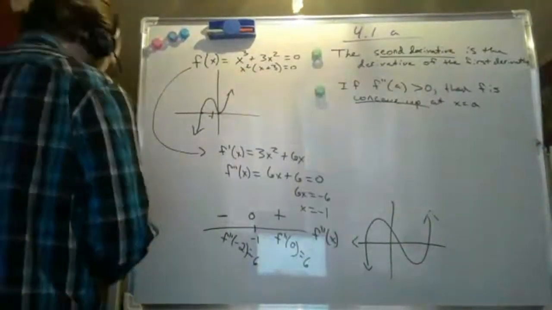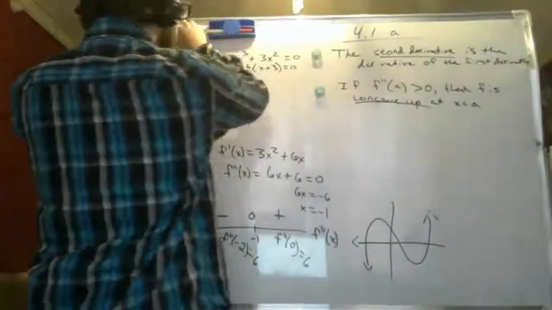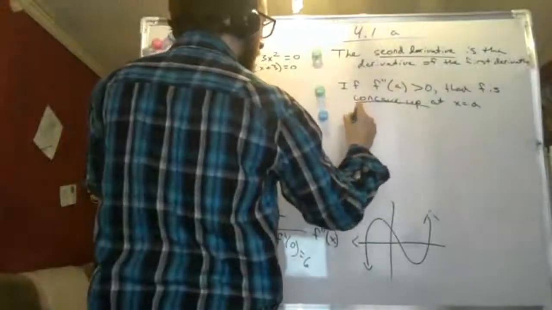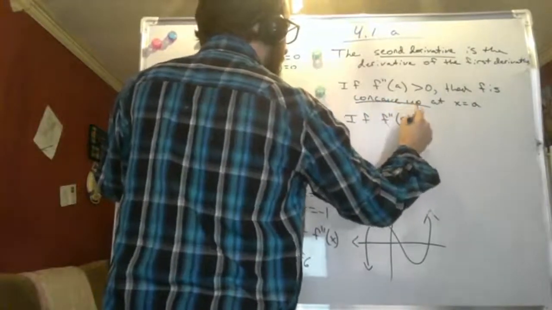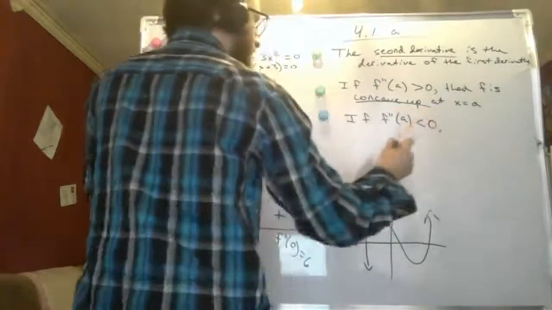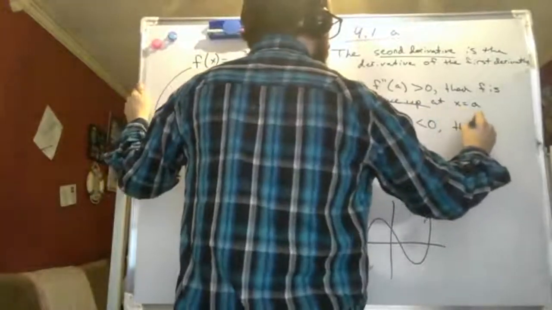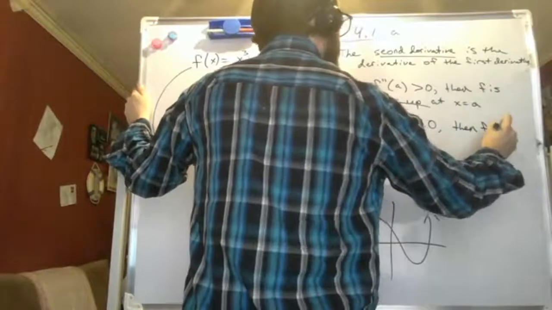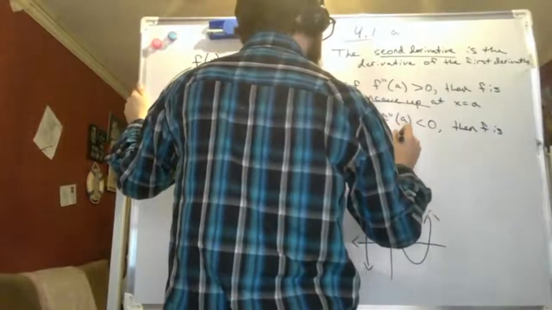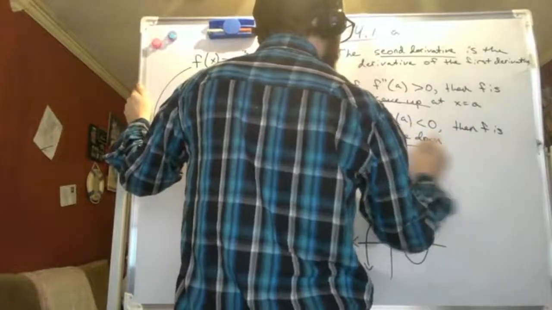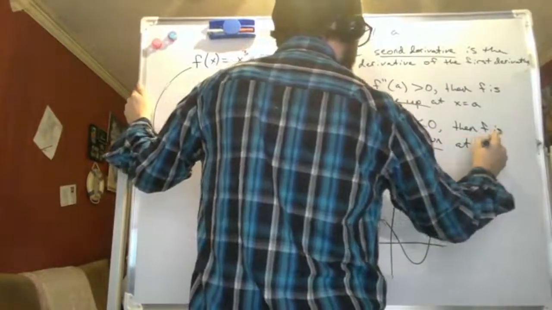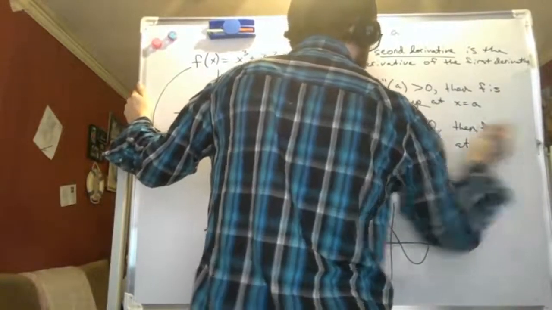So that's what it means to be concave up, which then means, as the definition might suggest, that there is such a thing as concave down. This occurs if your second derivative is negative, less than 0, then f is concave down at x equals a.